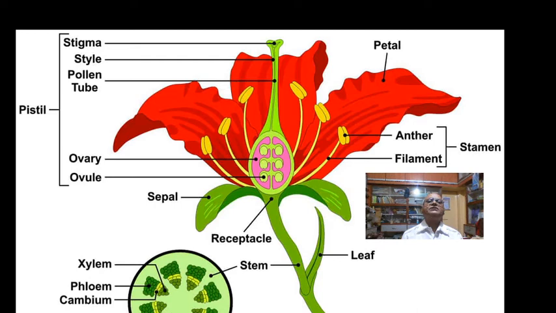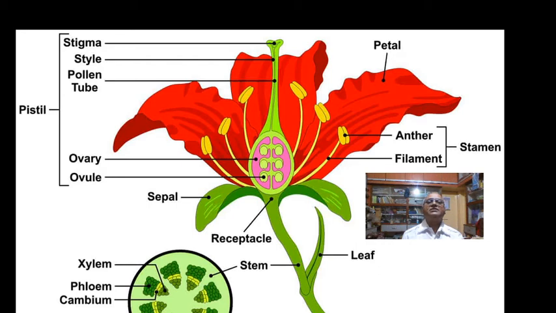The second-most part is the elongated part. In some cases it is very short, and it is called the style, and the style provides the space for the pollen tube. And the terminal portion is called the stigma. The stigma receives the pollens, and these pollens germinate on the surface of the stigmatic portion due to some sugary chemicals produced, which are responsible for the germination of the pollens.